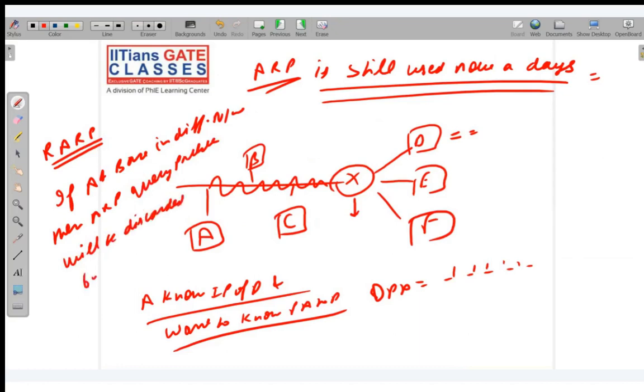Directly or indirectly I want to say that you cannot query the physical address of any system if it is not in your network. If it is in a different network, then you cannot query it.